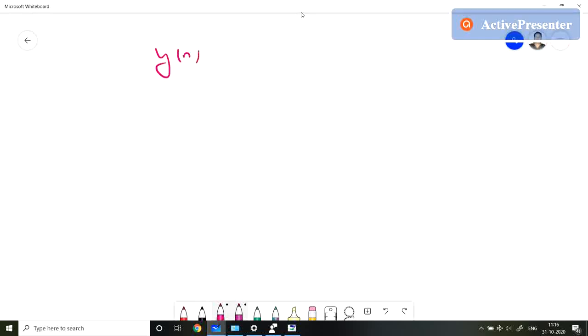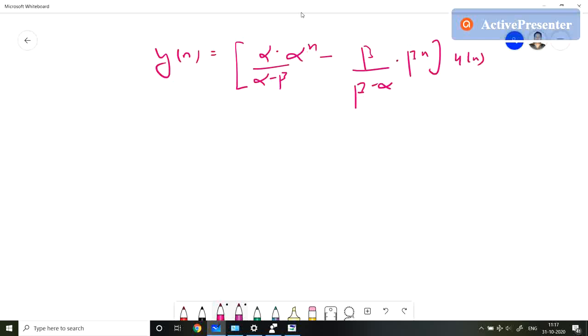Now y[n], if we find the inverse Z transform, is equal to alpha divided by alpha minus beta multiplied by alpha raised to the power n, minus beta divided by beta minus alpha, beta raised to the power n, u[n]. We have combined these two terms together, and u[n] we have taken outside.